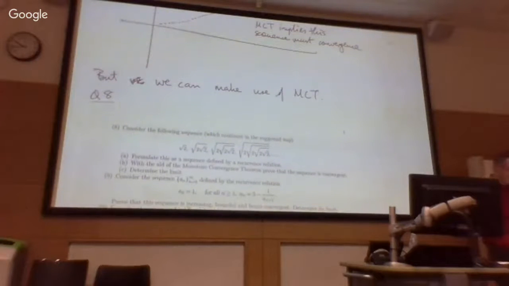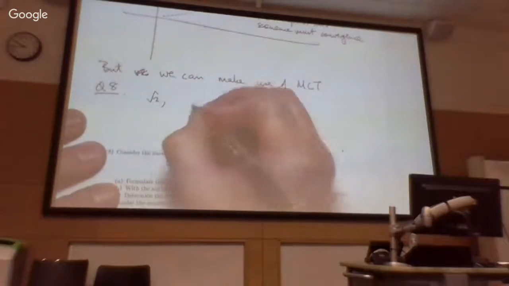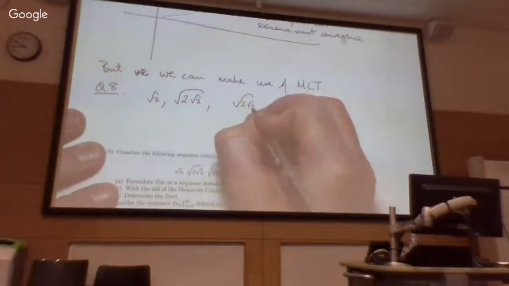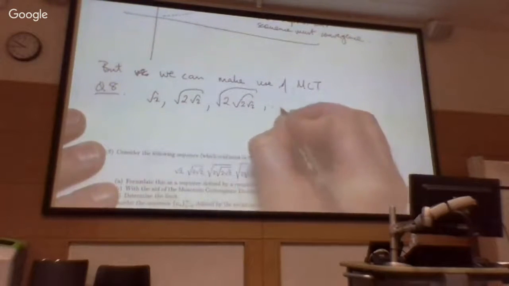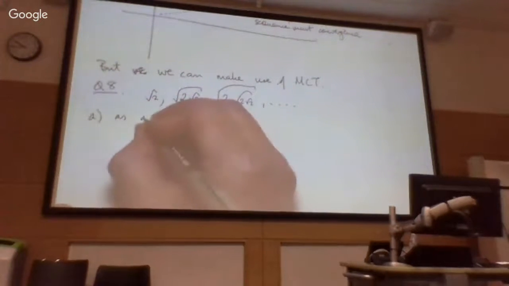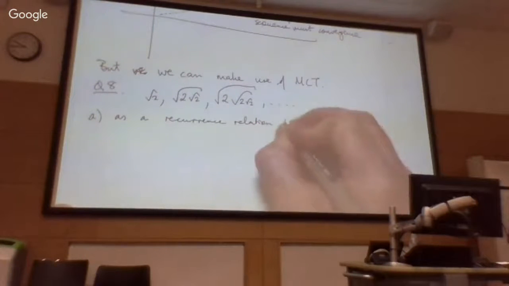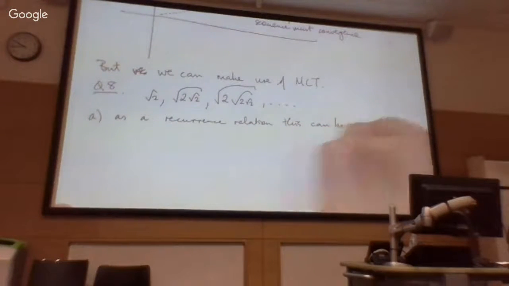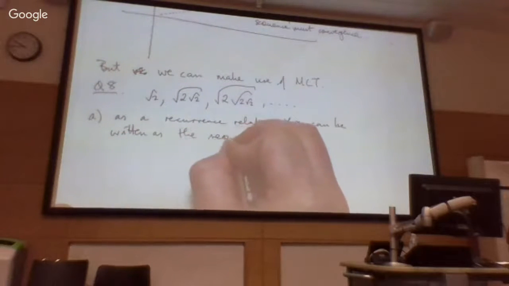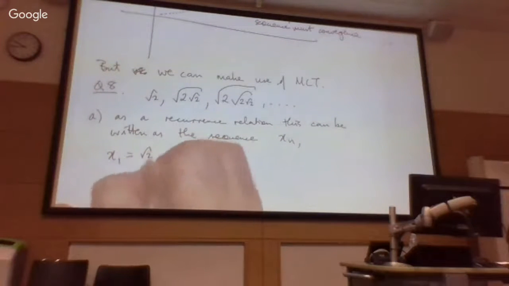First of all, it says formulate this as a sequence defined by a recurrence relation. Okay, so we've got root 2, and we multiply the previous element by 2 and take the square root, and so on. That's the rule. As a recurrence relation, this can be written as the sequence xn, say, where x1 is defined to be root 2.